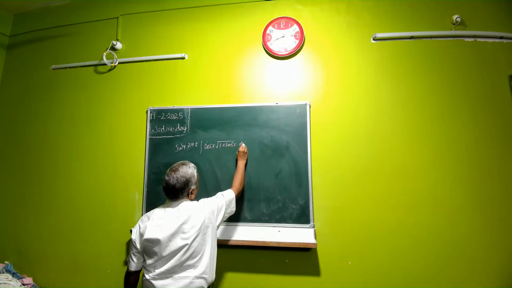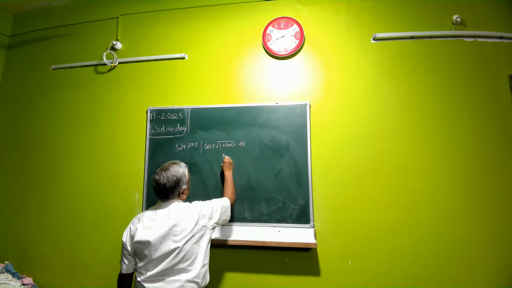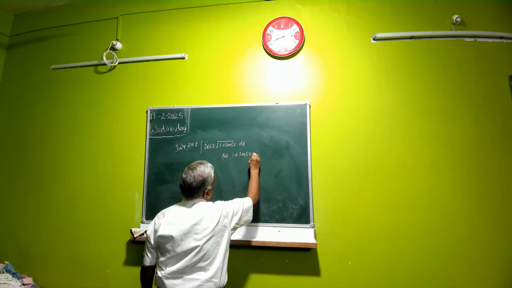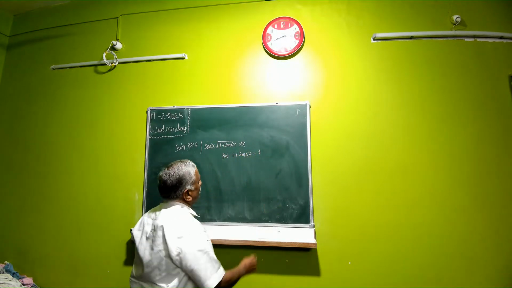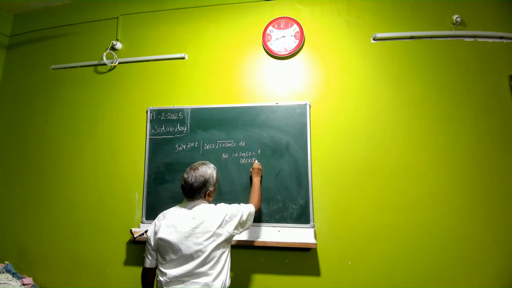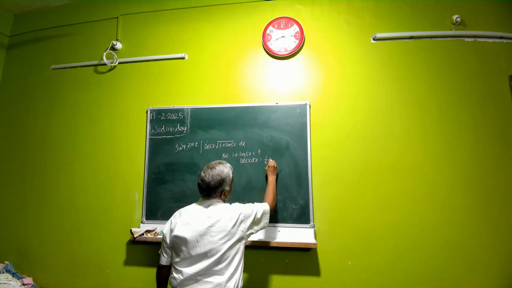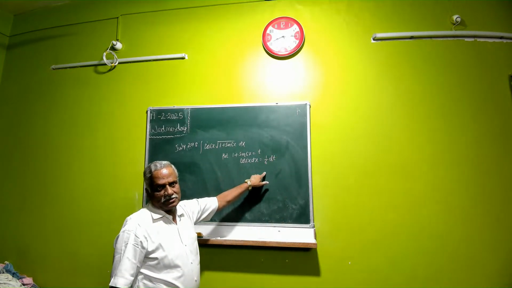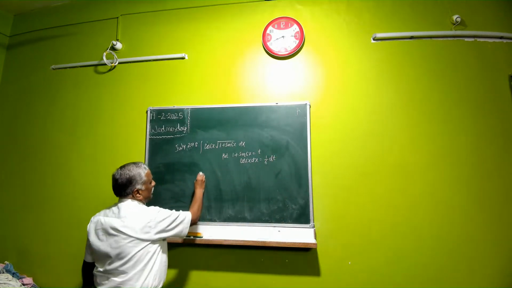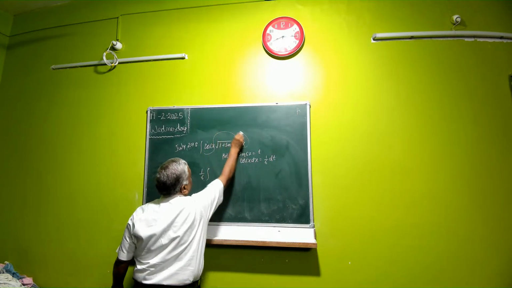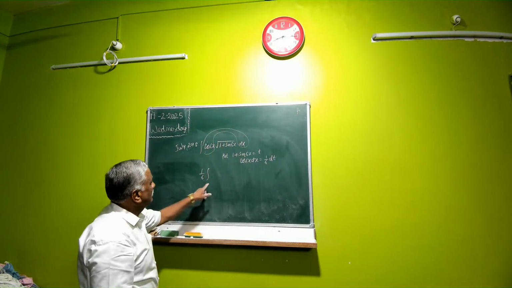Most direct problem. Put 1 plus sin 6x equals t. cos 6x dx is 1 by 6 dt. I am shifting 1 by 6 here to save time. So 1 by 6 is a constant. This will become 1 by 6 dt.